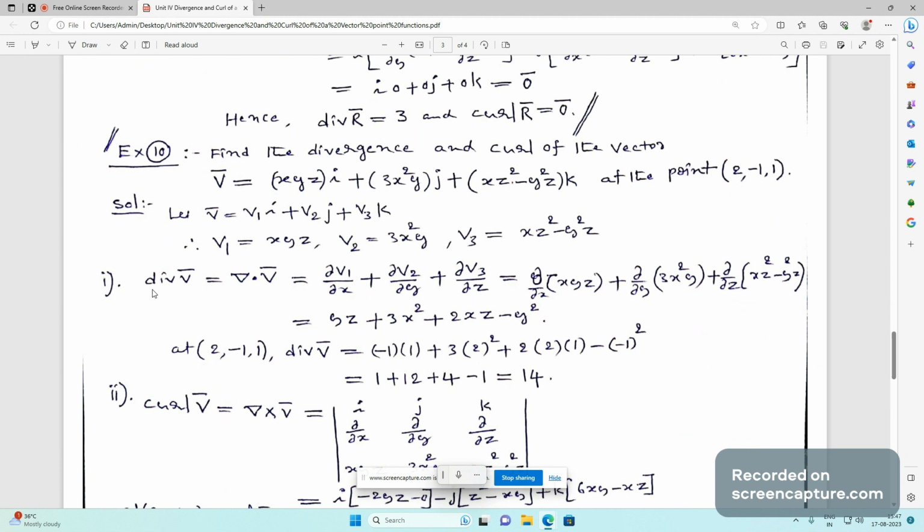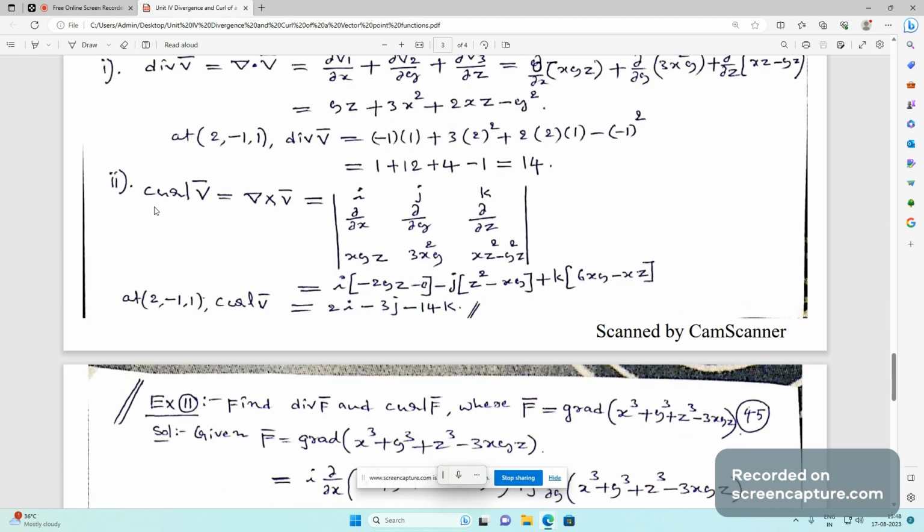So divergence of v bar equals del dot v bar equals dou v1 by dou x plus dou v2 by dou y plus dou v3 by dou z. That equals yz plus 3x square plus 2xz minus y square. So at the point, substitute x equals 2, y equals -1, z equals 1. Therefore, div v bar at this point is 14.